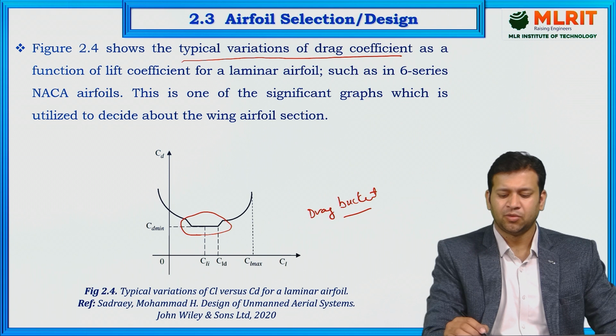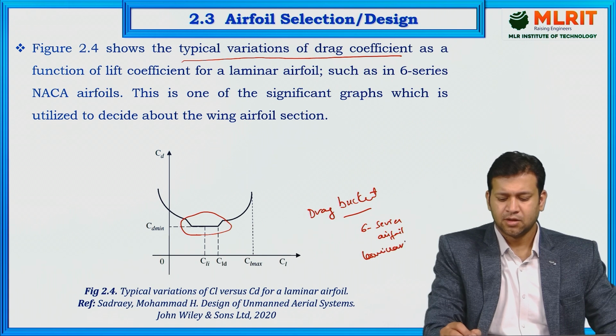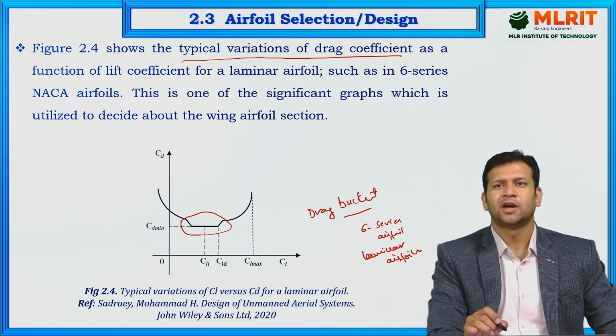This is applicable only for 6 series airfoil, also called laminar airfoils. This is one of the significant graphs which is utilized to decide about the wing airfoil section.